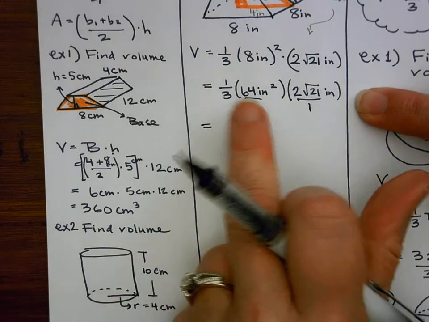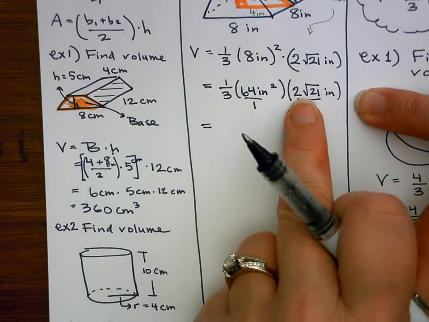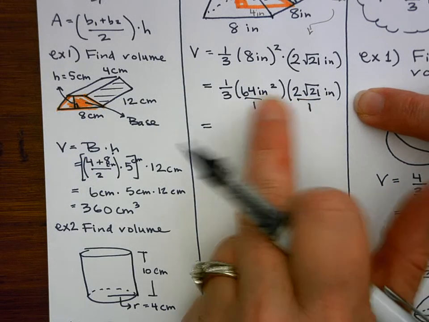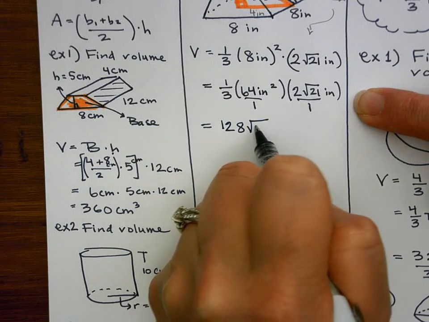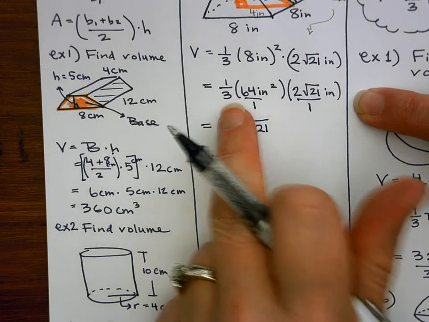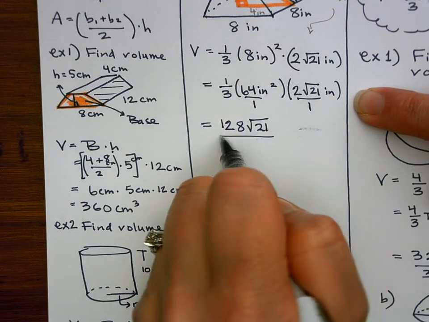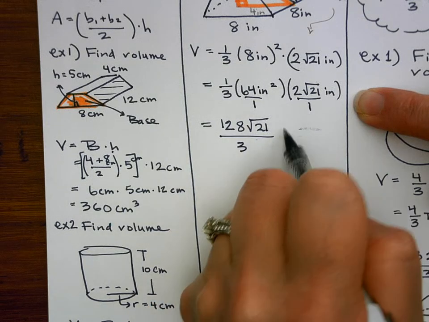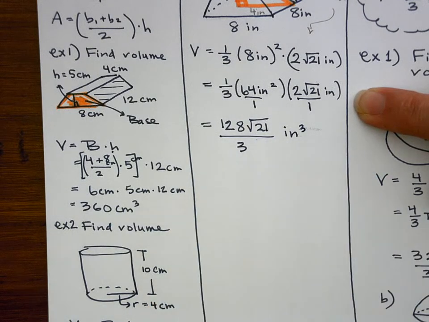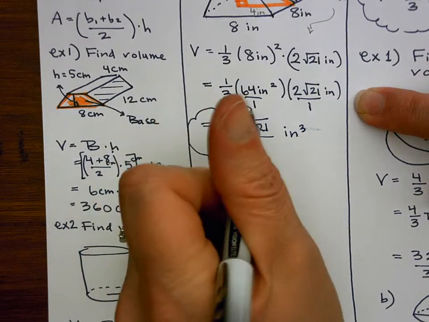So 1 times 64 times 2, so that would be 128, and then square root of 21, and then 3 times 1, and then inches squared times inches. And then my answer would be that. Okay?